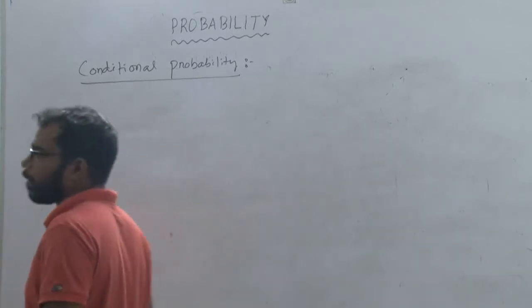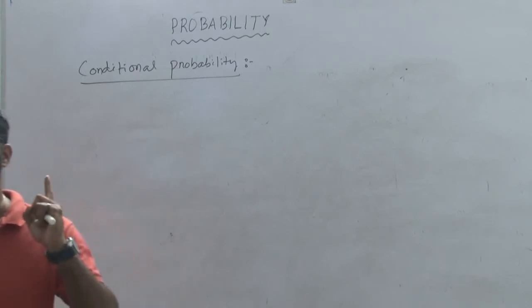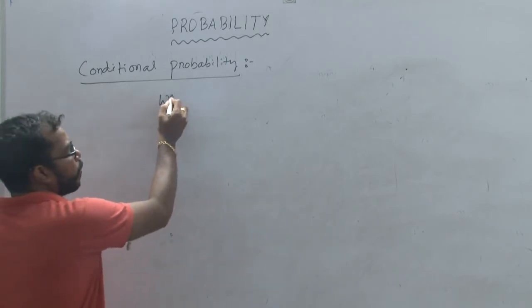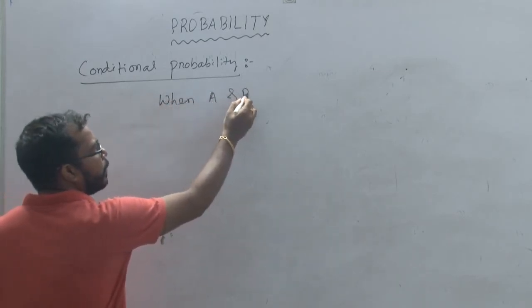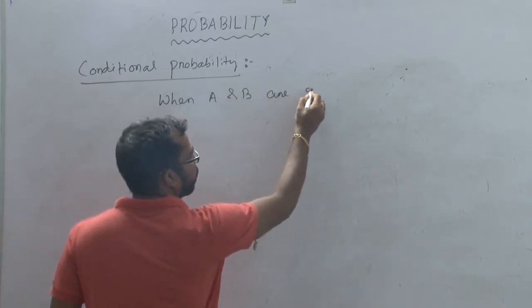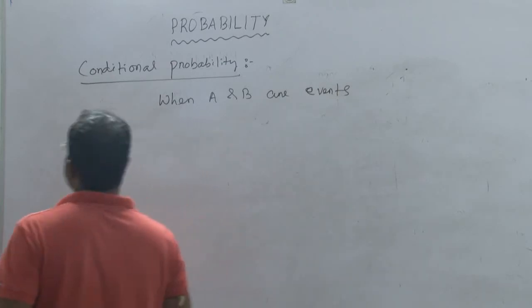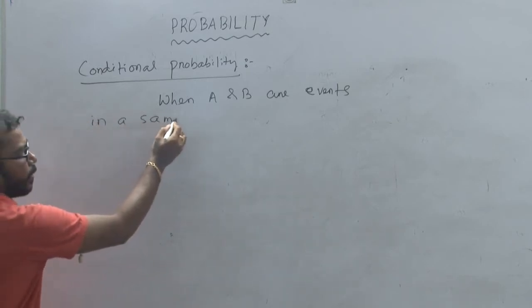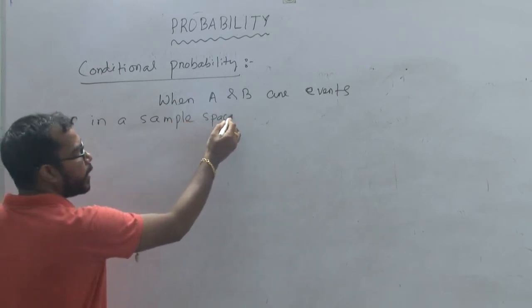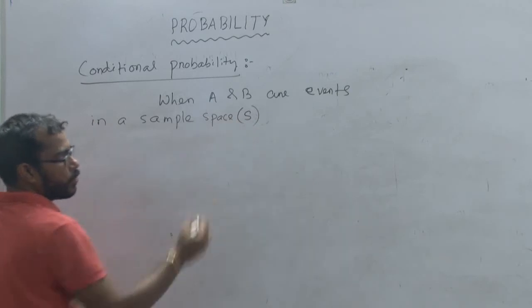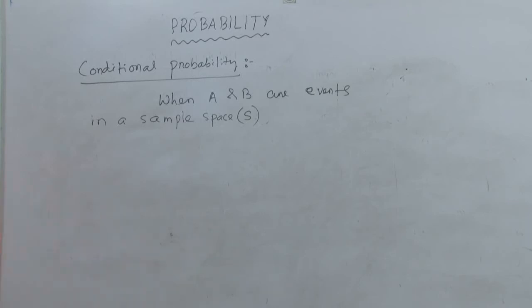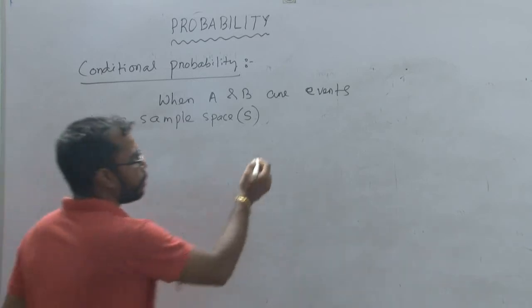That means we have to compare two events, that is A and B. When A and B are events in a sample space, as you know, we denote the sample space by the letter S.